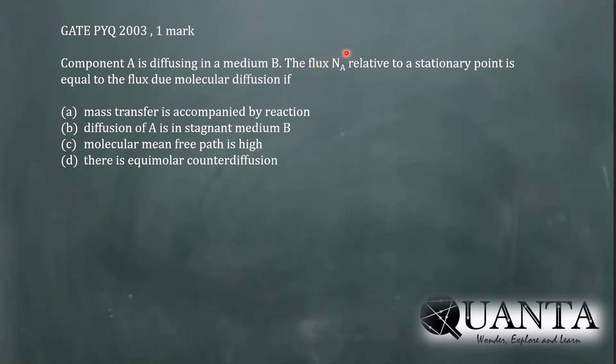The question says the flux of component A relative to a stationary point is equal to the flux due to molecular diffusion. We know there are two fluxes, and the flux of component A is equal to its molecular diffusion flux, the diffusional flux, JA. So we have NA is equal to JA. That is what we should read from this clue. But the original equation is NA equals xA(NA+NB) plus JA, where xA(NA+NB) is the fraction of the bulk flow, that is component A. We need that to be 0.